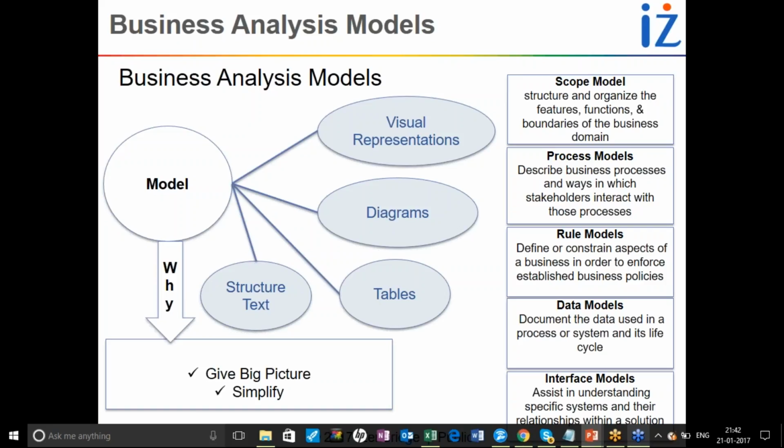The thing is that during the scope models we get the details of the high level of everything. What are the high level features and functions, what are the high level data requirements associated with these features and functions, what different systems are involved in the solution, and what are the top level users and the top level interactions. So at a high level we explore all of this information.